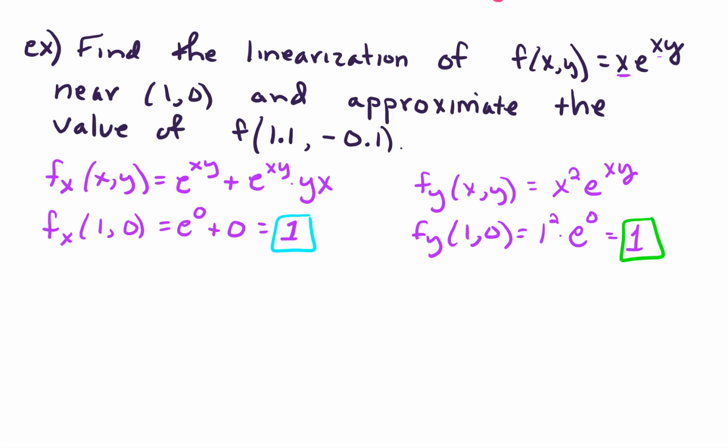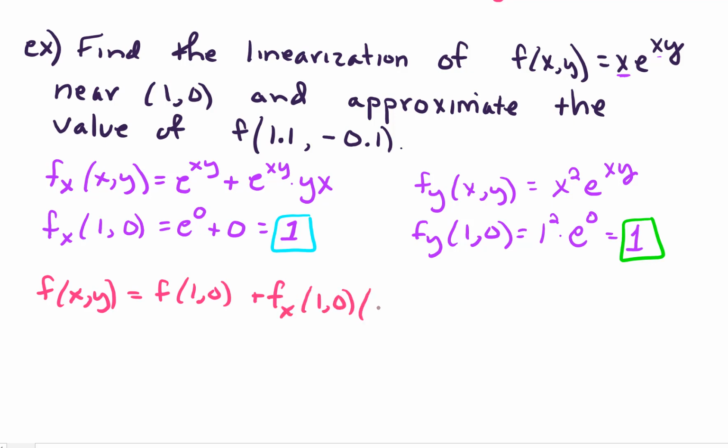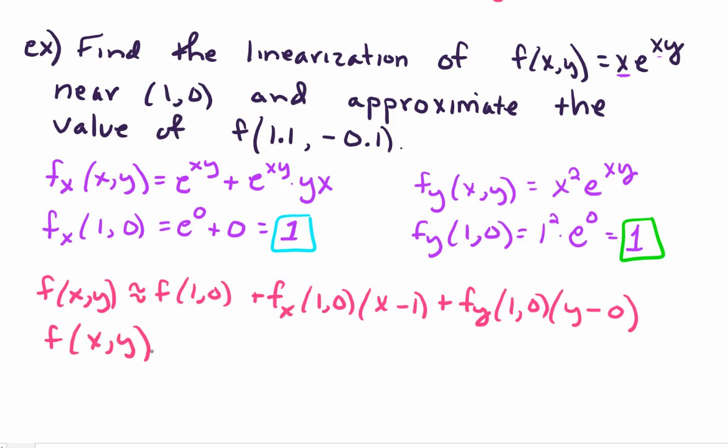Our formula for the linearization looks like f of x, y equals f of (1, 0) plus the partial derivative with respect to x evaluated at (1, 0) times x minus 1, plus the partial derivative with respect to y evaluated at (1, 0) times y minus 0. And this should be an approximation. f of x, y is approximately, let's evaluate f of (1, 0).